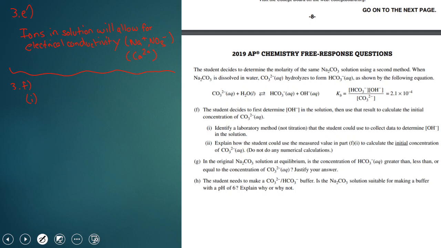Well, concentration of OH is related to pOH. And we also know that pOH plus pH equals 14, right? At least for standard conditions. And so what we can do is we can just write it in white.